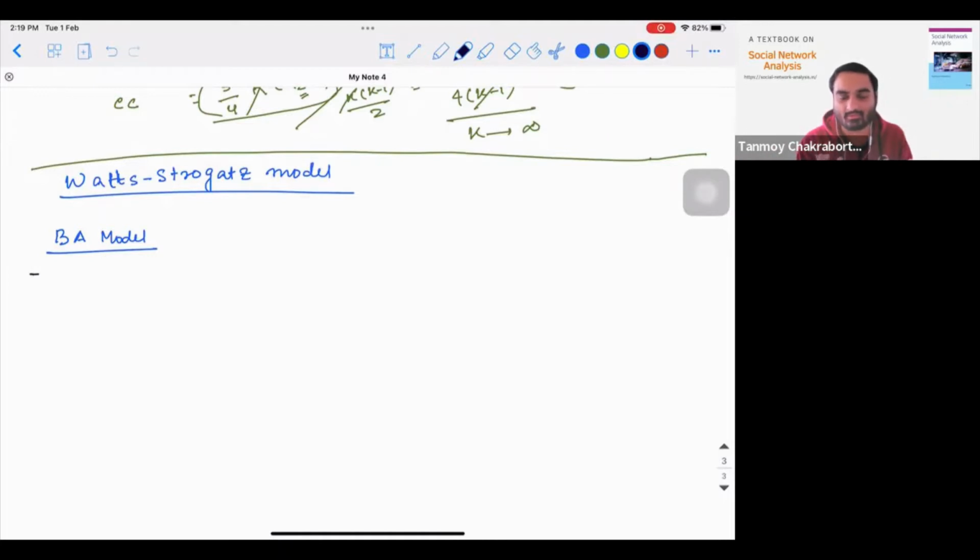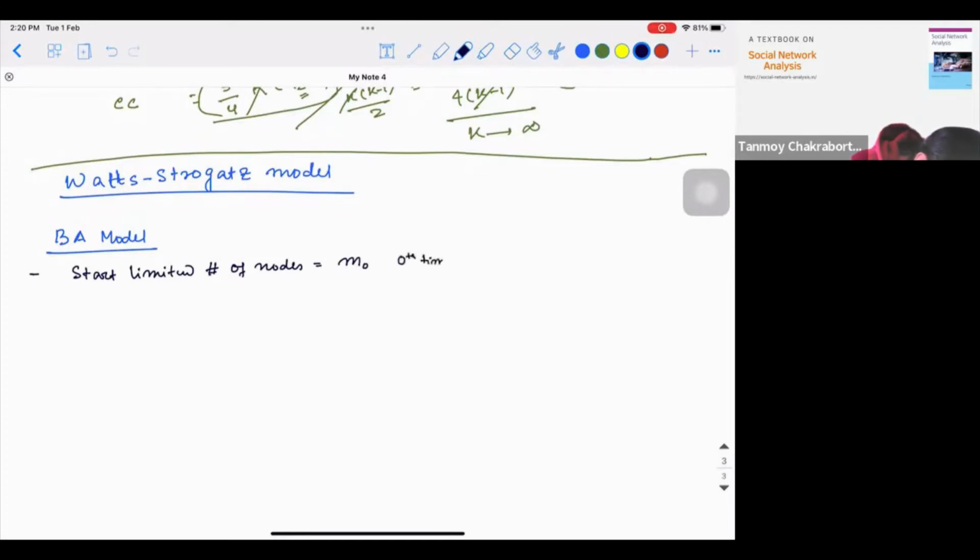So the simple idea is that you start with a small number of nodes and you keep adding nodes and associated edges into the system and see how the degree distribution varies. We start with a limited number of nodes, and let's assume this is M0, the number of nodes at the initial time.